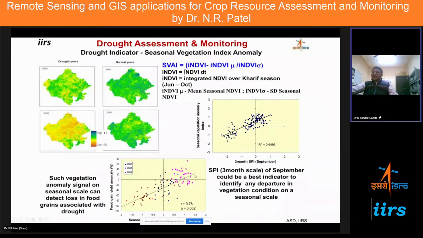So whenever drought is there, the food grain yield anomaly is very much negative; you can see 70-80% of food grain is lost. But when it is an above-normal year, then it is positive, like 2001, 2003.